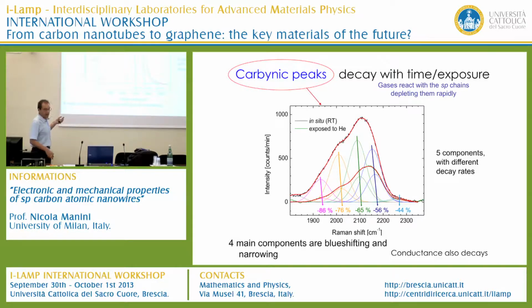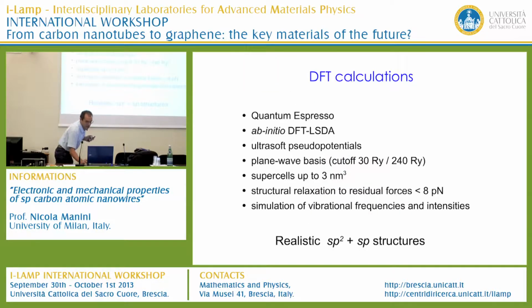So we come back to this experimental data at the end of my talk, and in between I'll just try to present to you what kind of calculations we've done and what kind of structural analysis. As in the previous talk, we are using ab initio calculations with density functional theory, the same Quantum ESPRESSO package.